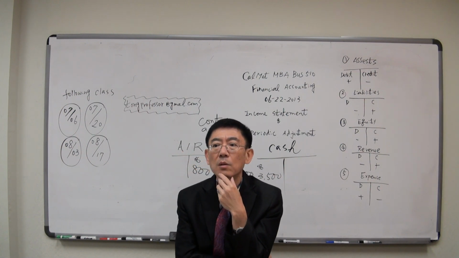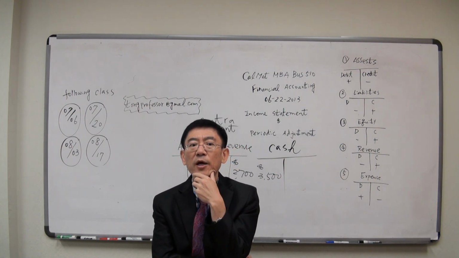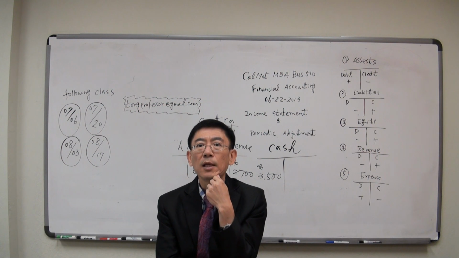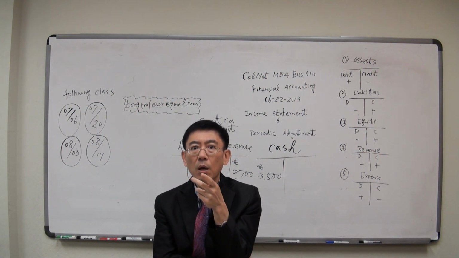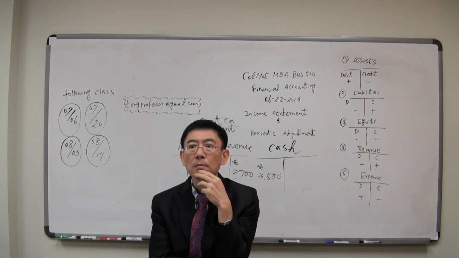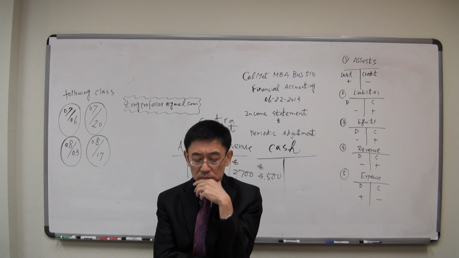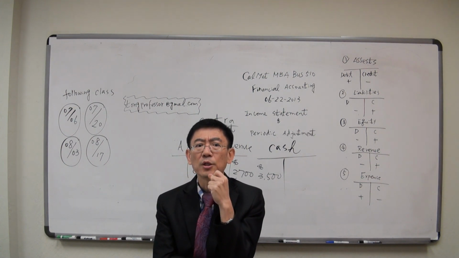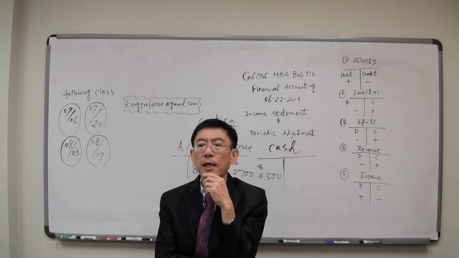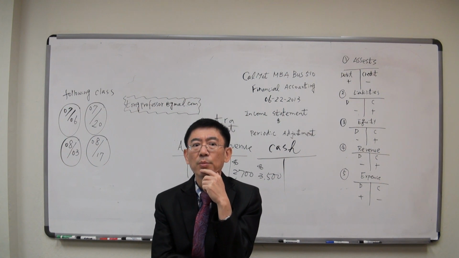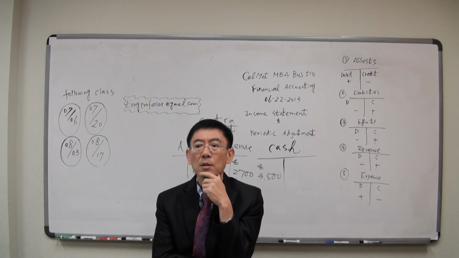Anybody know why we should differentiate the net profit before and after? Why? The reason is, for a C corporation, it is double tax. For a C corporation, the income is double taxed.